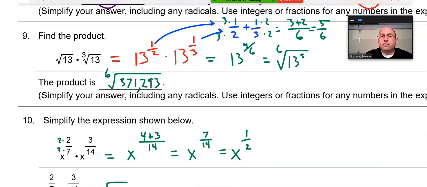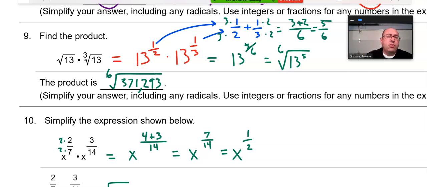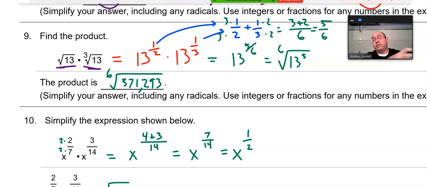Question 9. We've got 13 to the 1/2 and 13 to the 1/3. Write them like that. Get common denominators. Got to multiply one of them by 3 and one of them by 2. And then add the two fractions together so we end up with 5/6. So 13 to the 5/6.